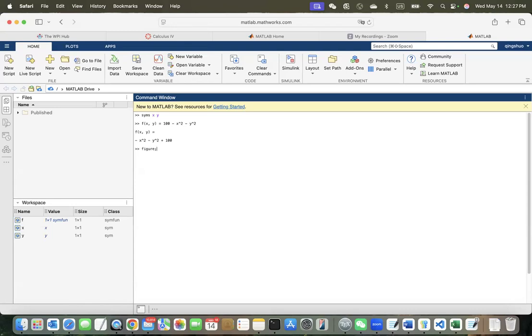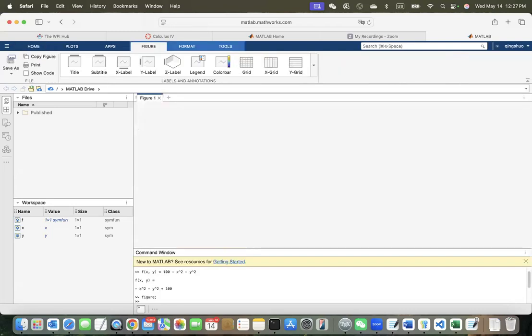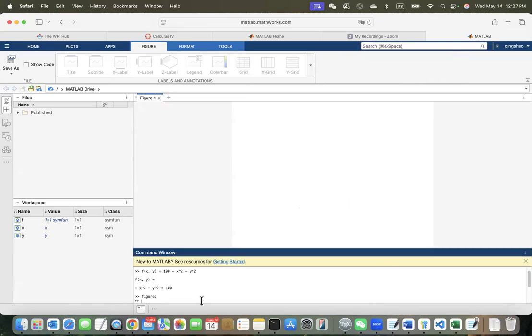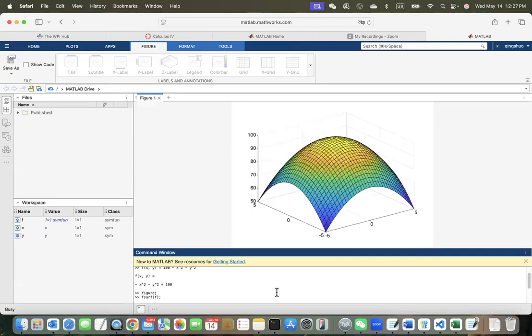To do that, we first need to put figure. If we input figure, that gives an empty graph. Now on the empty graph, I can use fsurf to draw the graph. Yes, this is just like a tent or a mountain. This is what it looked like. So this is the first problem.